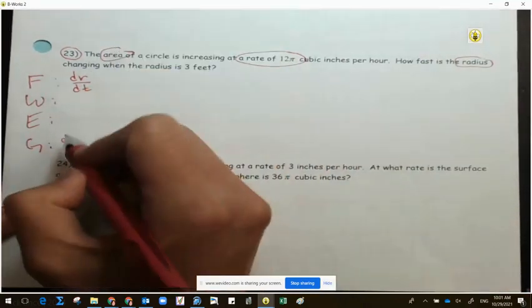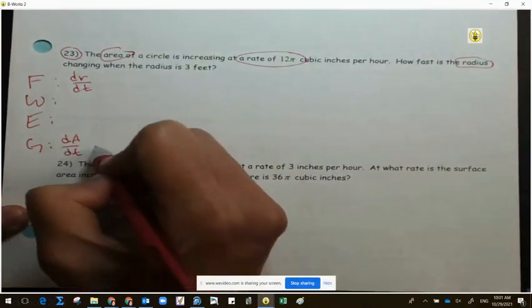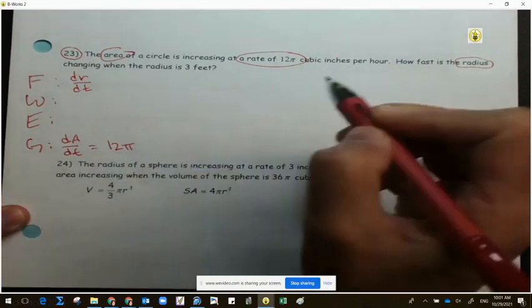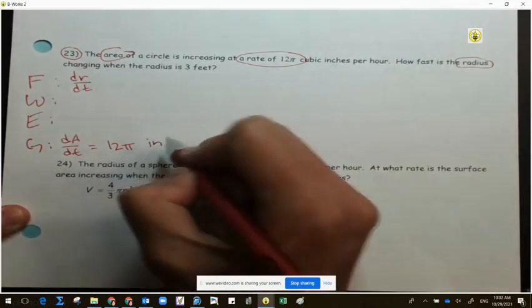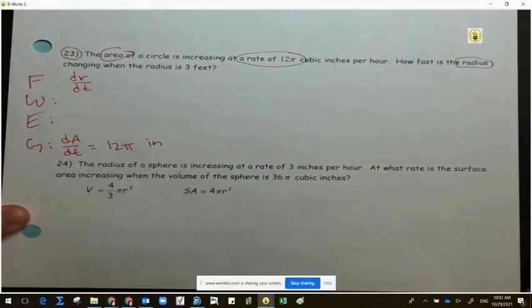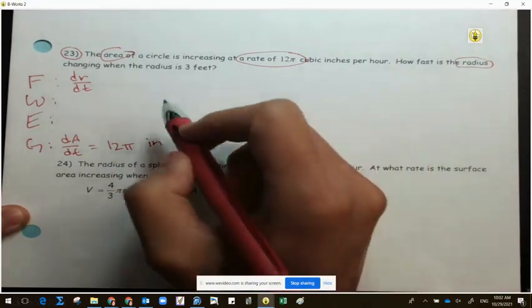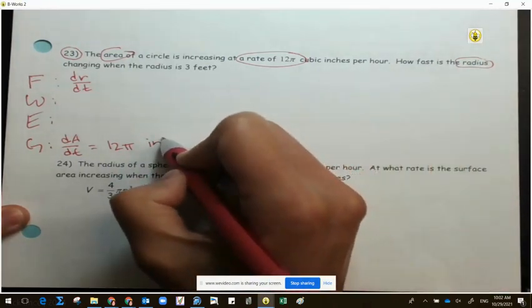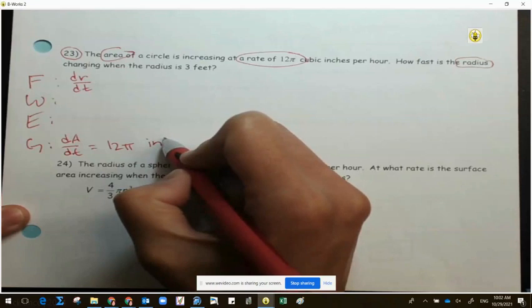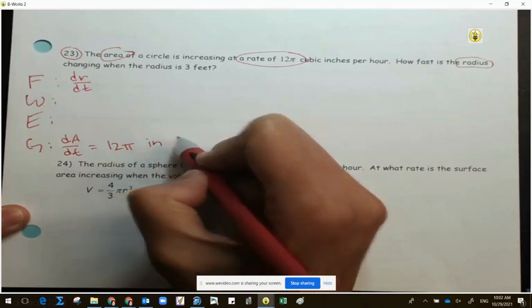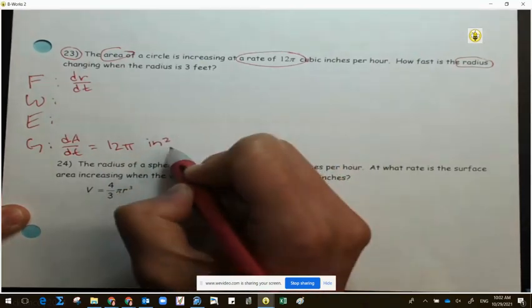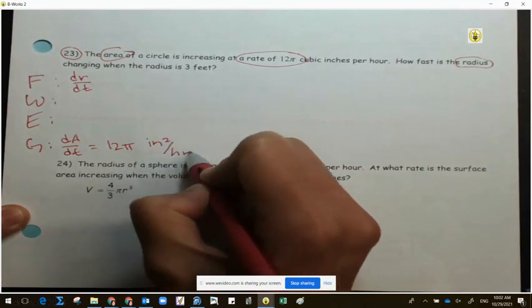Of the area, so dA over dt, is equal to 12 pi, and we're looking at cubic inches per hour. Well, do we agree on that, cubic inches? If it's an area, what should that be? Square inches per hour. That was silly.